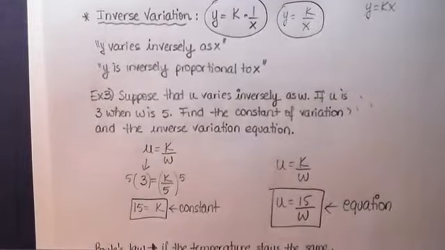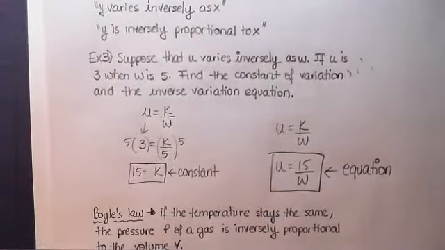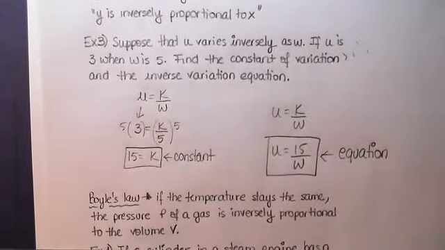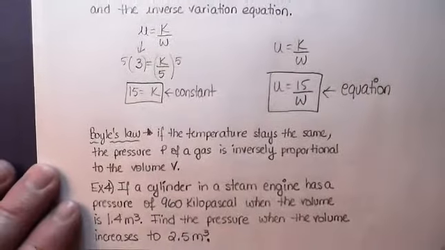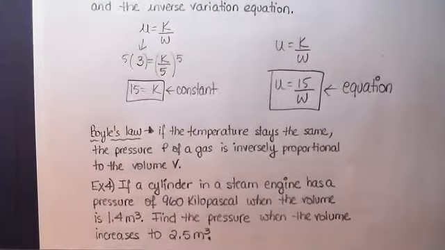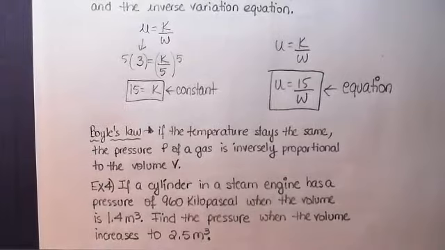Alright, let's go on to the next problem. Well, before we do that, we have a new law to talk about. We're going to talk about Boyle's law. Boyle's law has to do with if the temperature stays the same, the pressure P of a gas is inversely proportional to the volume.